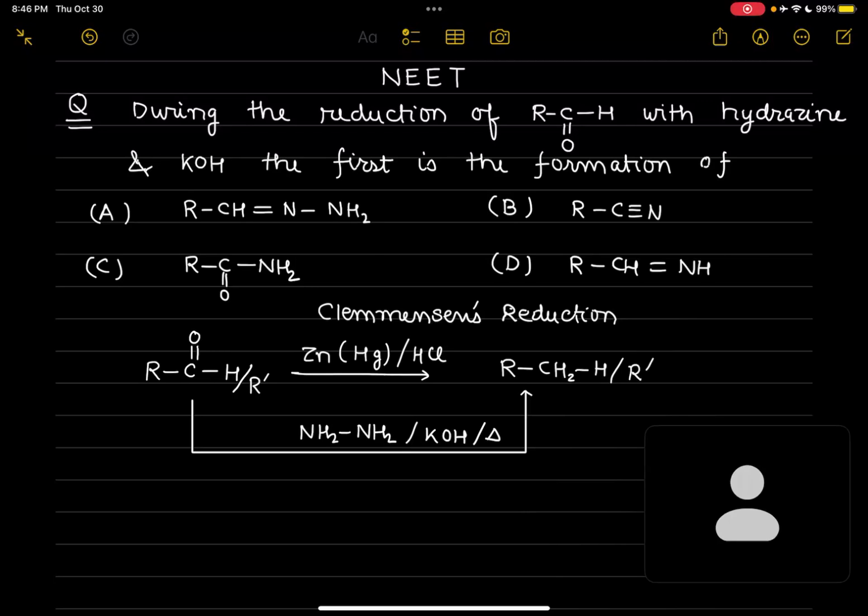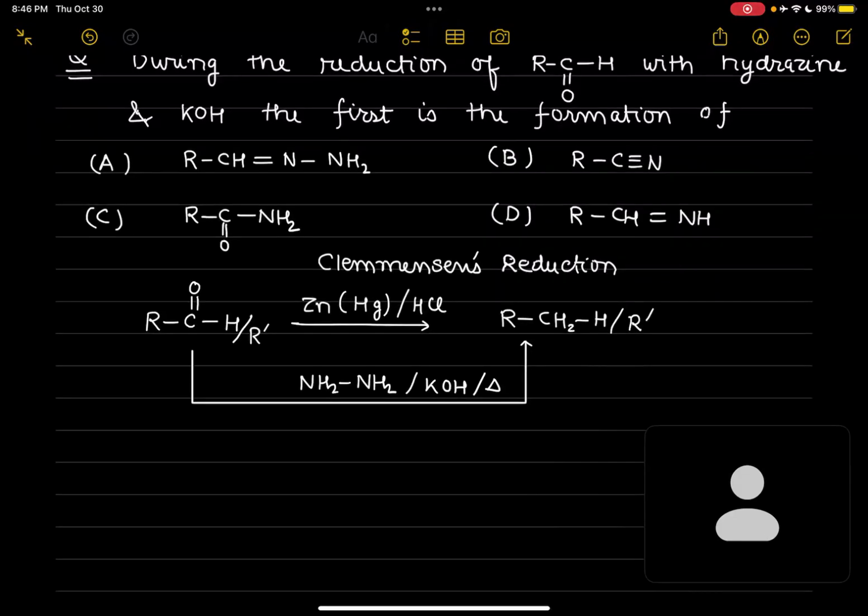That you need to tell me. Getting my point? What is formed in the middle is the same as the product which you observe when you react an aldehyde or a ketone with ammonia derivatives. This is the ammonia derivative hydrazine.